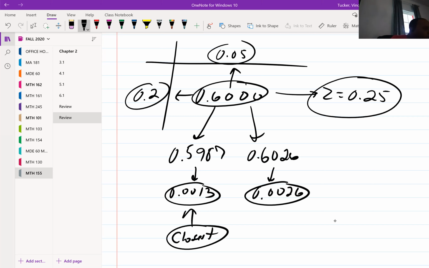Okay, they didn't ask for shading, so that's just it for that. Draw. All right, so is everybody good with that one before we look at another problem?